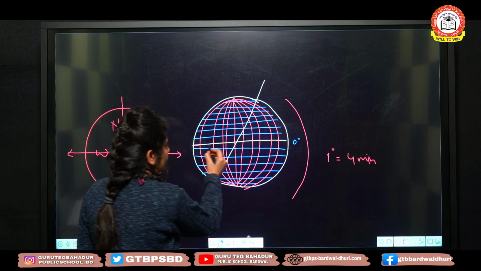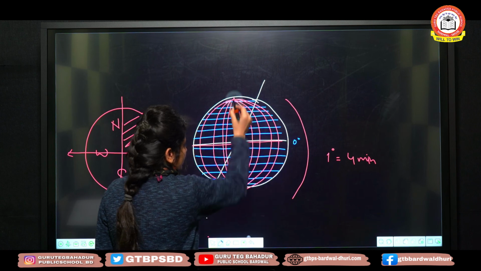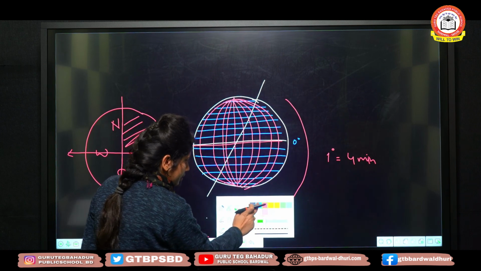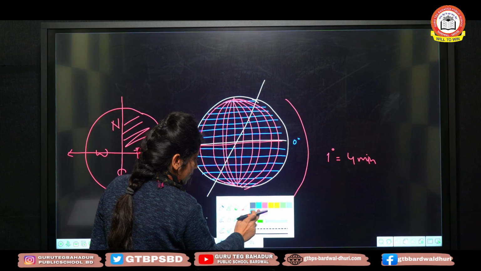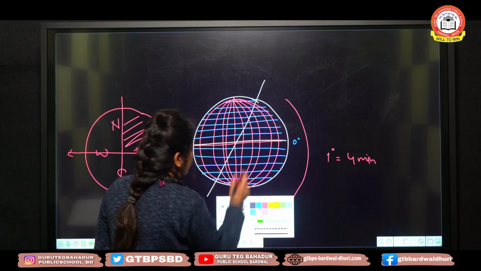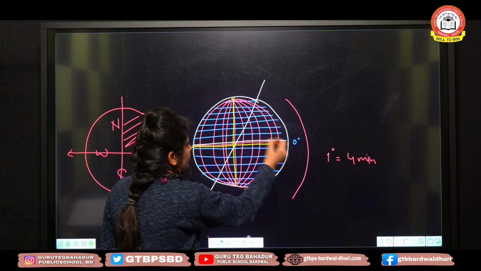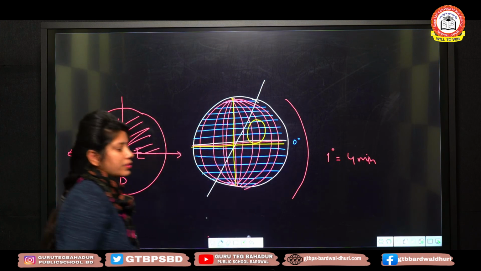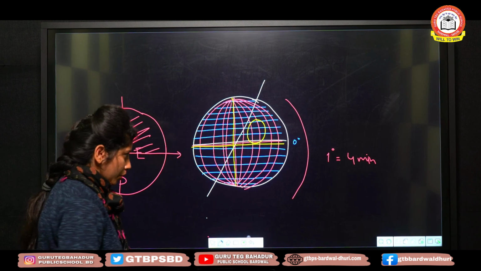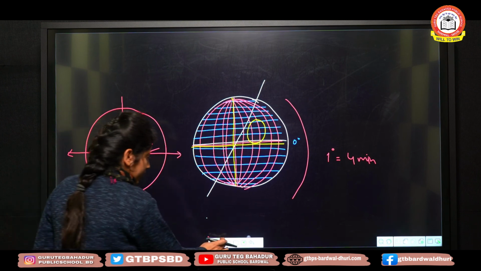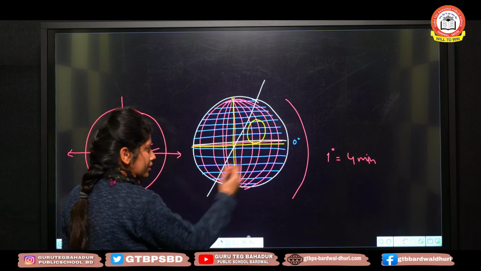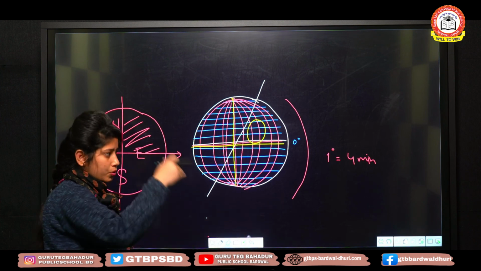Meaning it may be divided somewhere here. Our India is located. Okay, in order to calculate time we are taking longitudes.